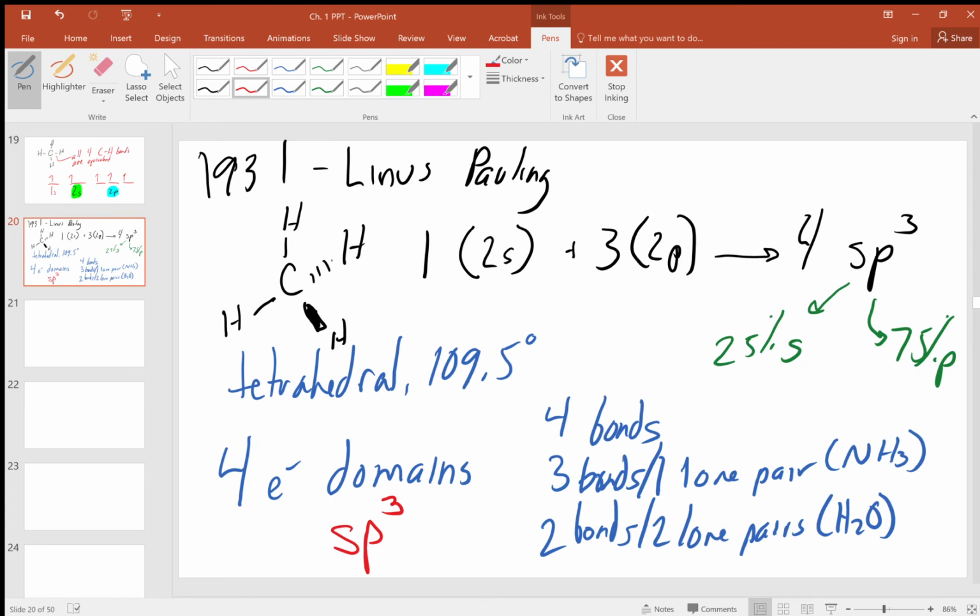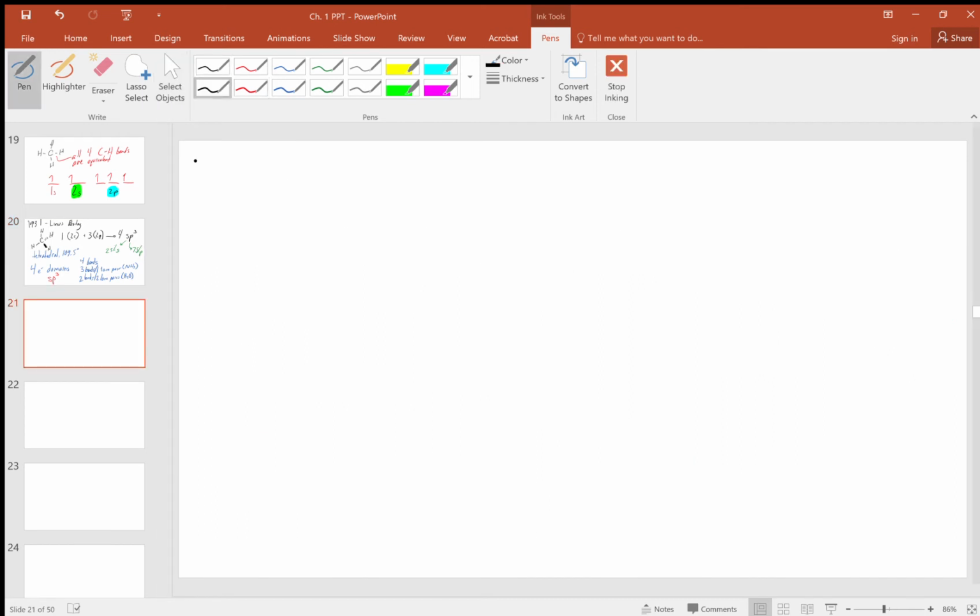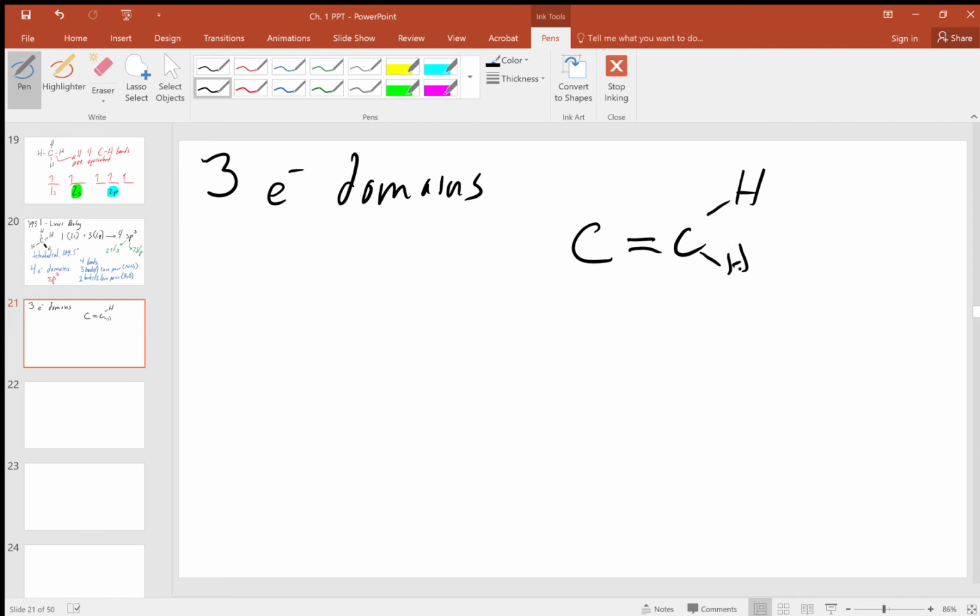Right, now what about as the number of electron domains changes, or we start adding pi bonds? So what about 3 electron domains? And we might see that in a molecule such as ethylene, where the carbon has a double bond, so it's 3 electron domains and no lone pairs.